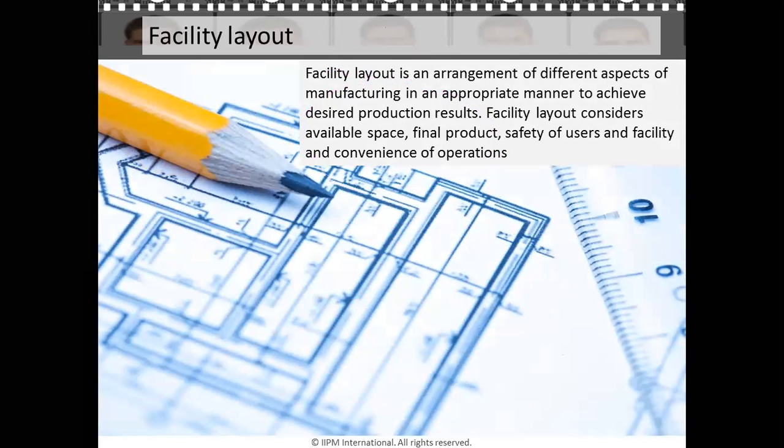Facility layout. Facility layout is an arrangement of different aspects of manufacturing in an appropriate manner to achieve desired production results. Facility layout considers available space, final product, safety of users and facility, and convenience of operations.